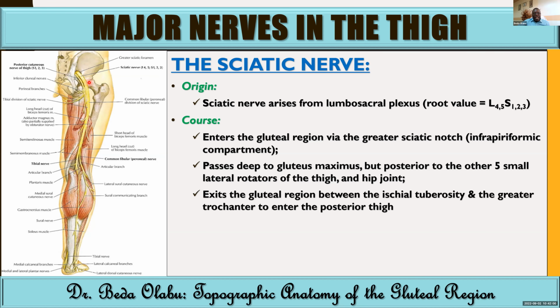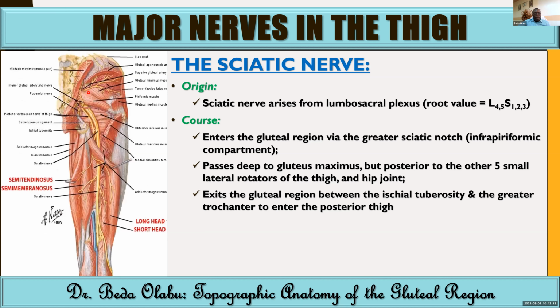It will exit the gluteal region by passing somewhere midpoint between the greater trochanter and the ischial tuberosity. That's a landmark in the gluteal region actually. So this is the ischial tuberosity, and that's the greater trochanter. Somewhere almost midpoint, that's where the nerve passes as it enters the thigh.